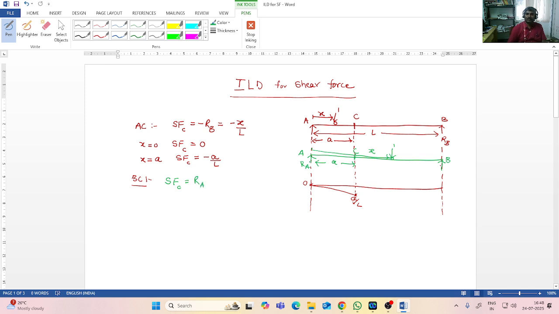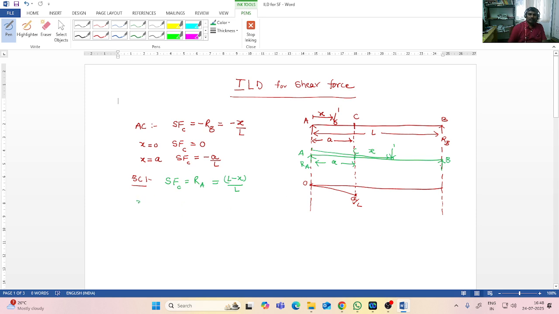And by sign convention, left upward force is positive. RA value we have discussed in the previous sessions. It is L minus x by L.